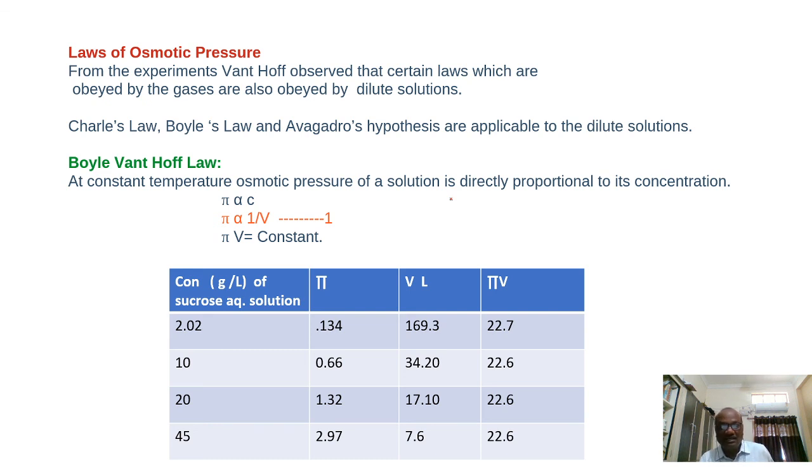So in the case of ideal solutions, we can observe Boyle's-Van't Hoff law. What is the statement of Boyle's-Van't Hoff law? At constant temperature, the osmotic pressure of a solution is directly proportional to its concentration.